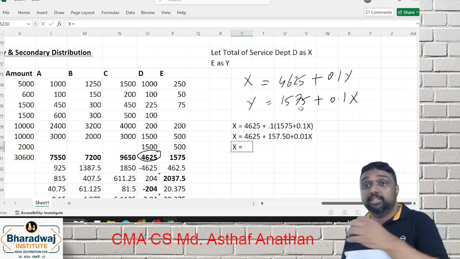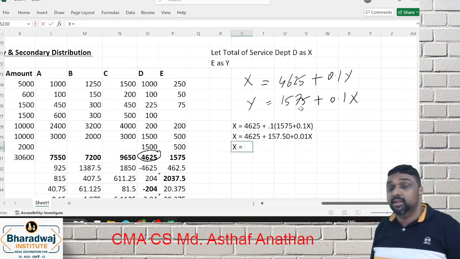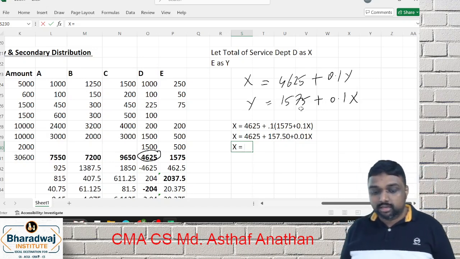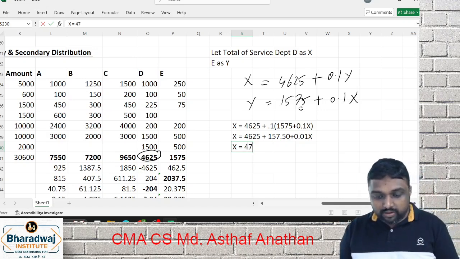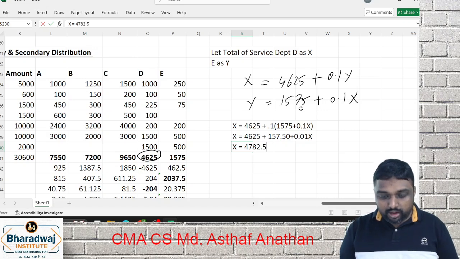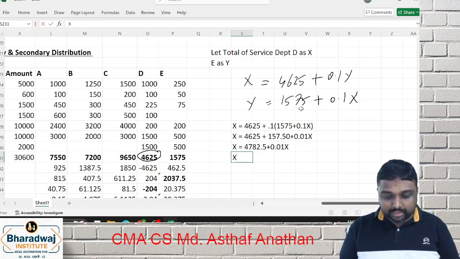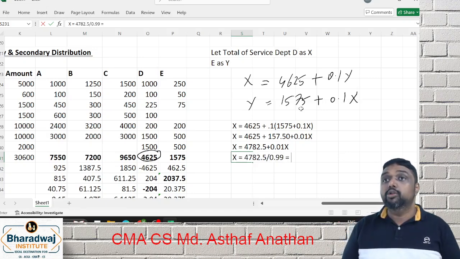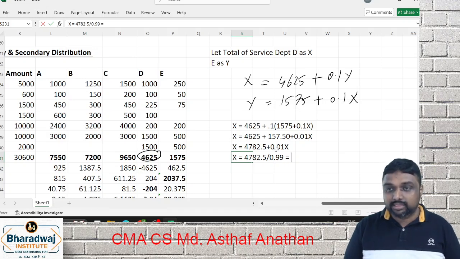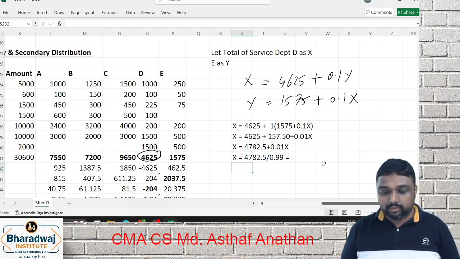Can anyone tell the total of 4625 plus 157.5? It comes to 4782.5 plus 0.01X. So X is equal to 4782.5 divided by 0.99. How did you get 0.99? Here we have X on both sides. So what will the answer be? You will get it.